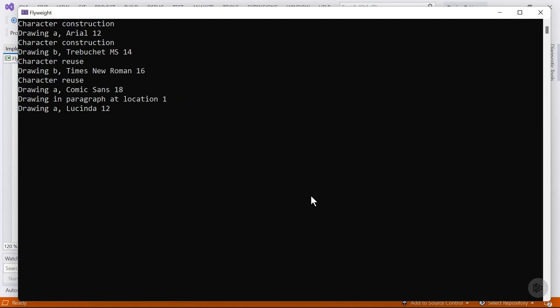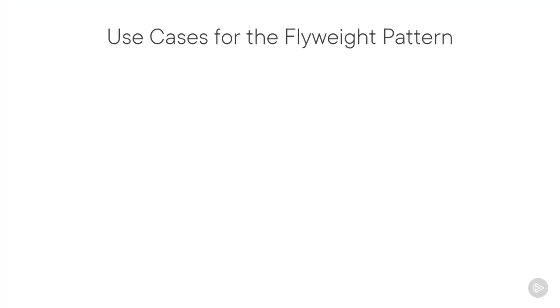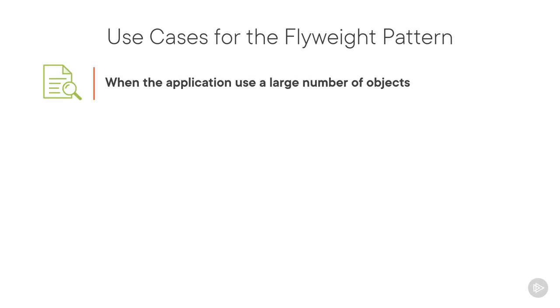Let's have a look at the different use cases for this pattern. The use cases for this pattern match the reasoning you'd use in the first place to decide on whether the case is a good match for this pattern. We already looked into that when we described the pattern. Let's recap that. 1. The application uses a large number of objects. 2.